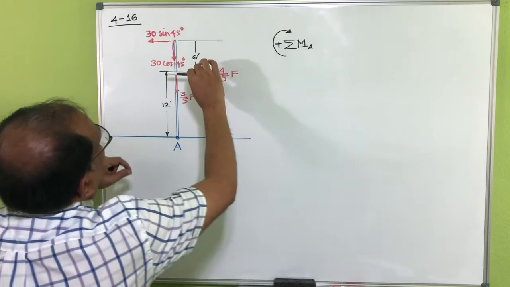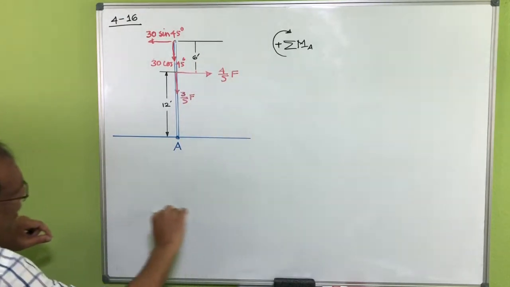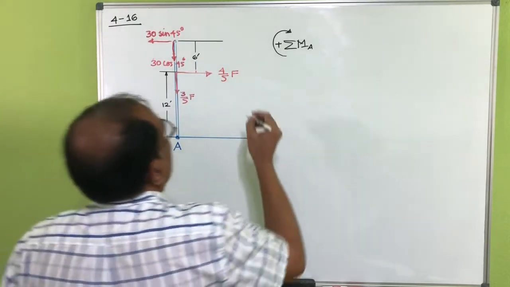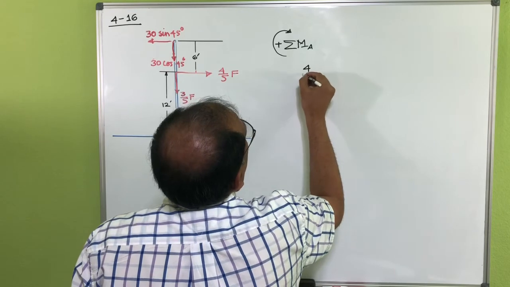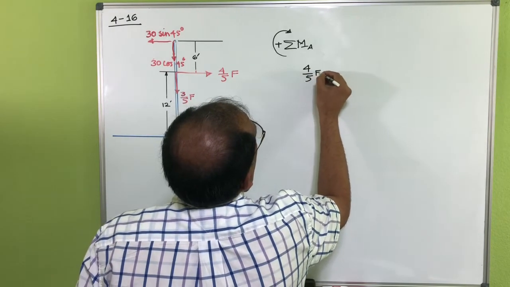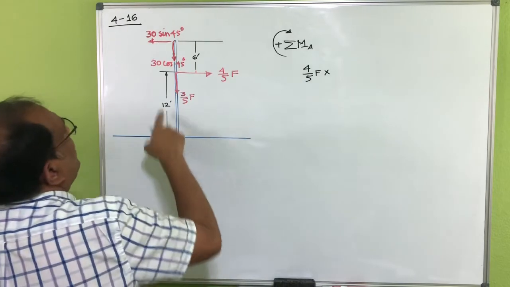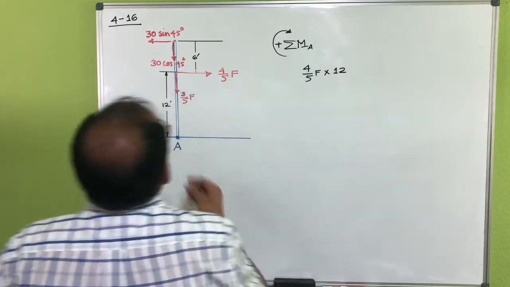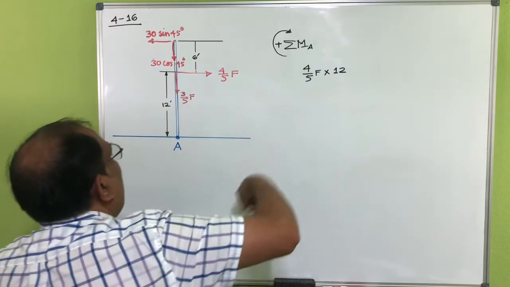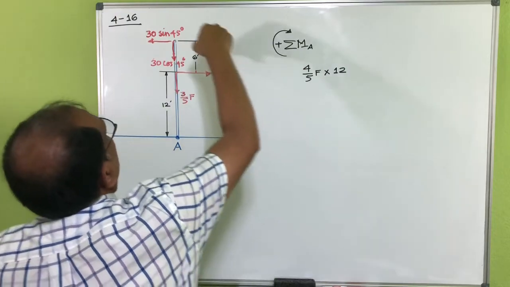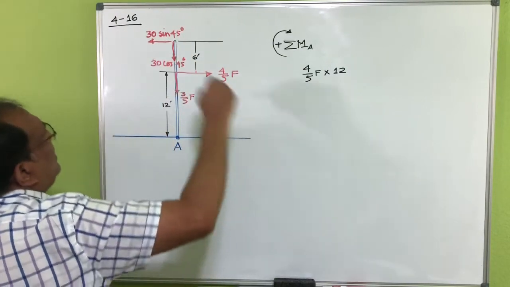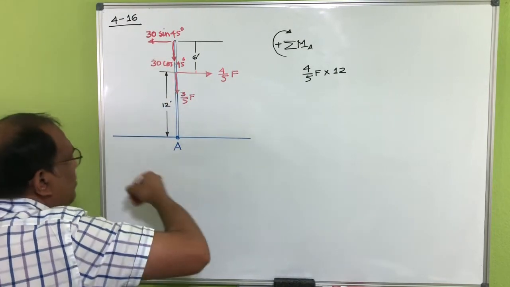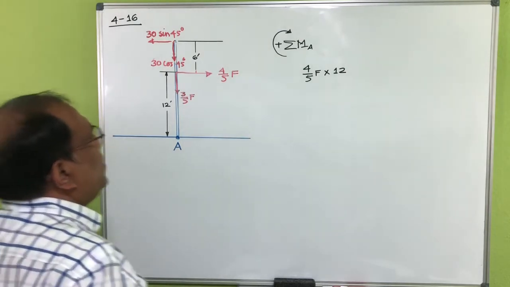For this force, this one is going to rotate like this, so that's a clockwise moment. So the force is 4/5 of F multiplied by the distance, which is 12 here. And this force is going like this. It can go either like this or like this, but if you want to include point A, then it must go like this. So which is counterclockwise.